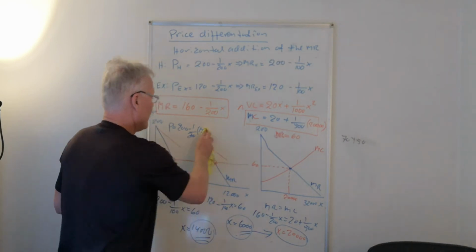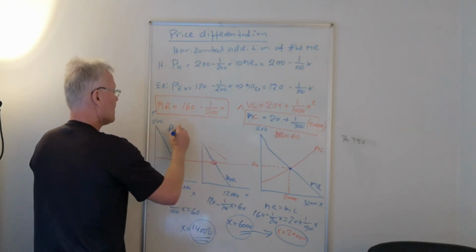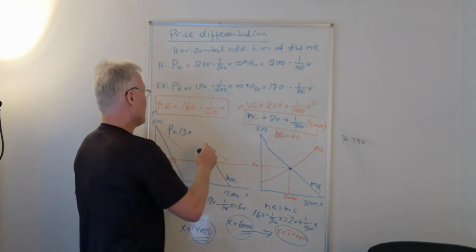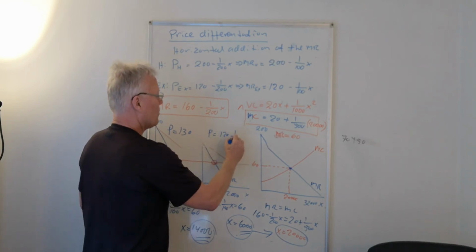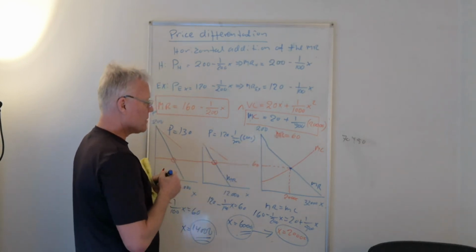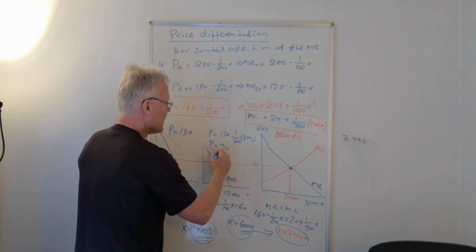So the price on the home market is 130. And for the export market, the price will be 120 minus 1 over 200 times 6,000, and that gives me a price of 90.